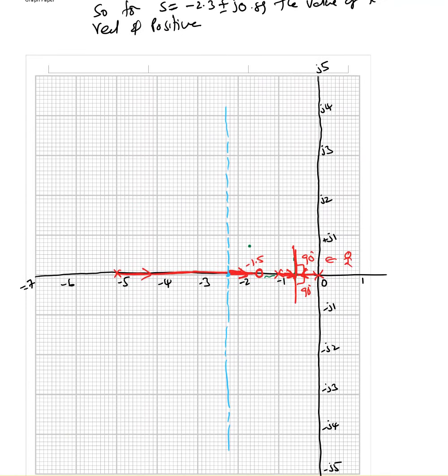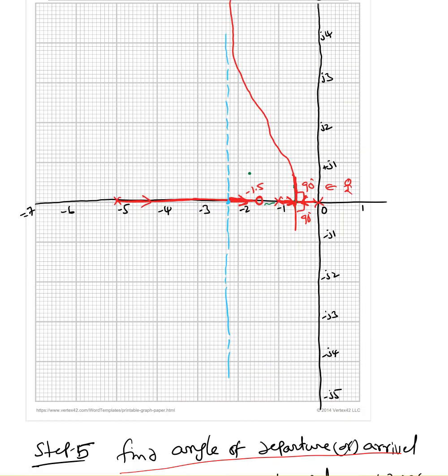So what is going on here is that this will be going towards the asymptote. Same thing here, it's going to go towards the asymptote. The asymptote and locus are going to meet at infinity.